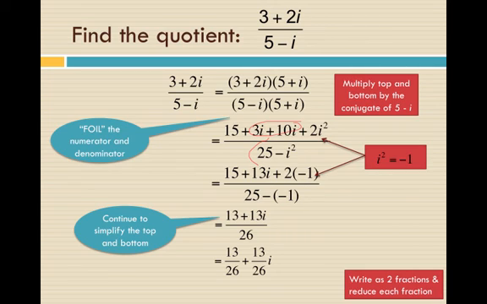We can reduce 13 over 26 either by using our calculator or by taking out a 13 from top and bottom. And you can see our final answer in simplified form is 1/2 plus 1/2 i. It's important to note that when the instructions say write your answer in standard form, this is standard form. It is reduced and it's in the form a, our real part, plus bi, our imaginary part.